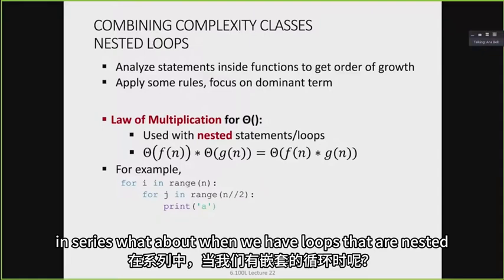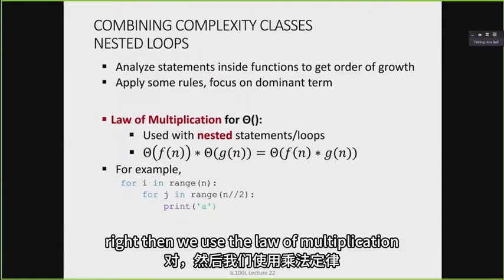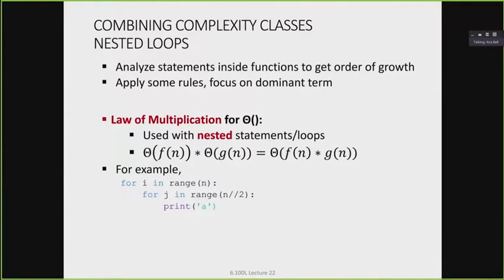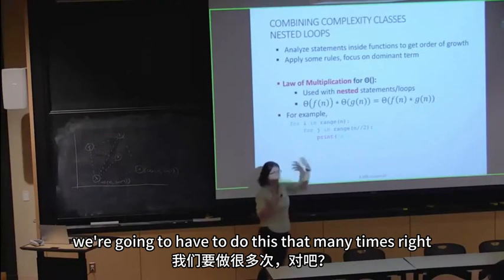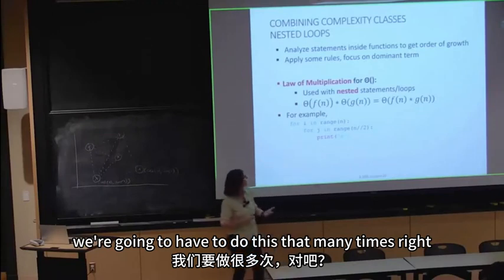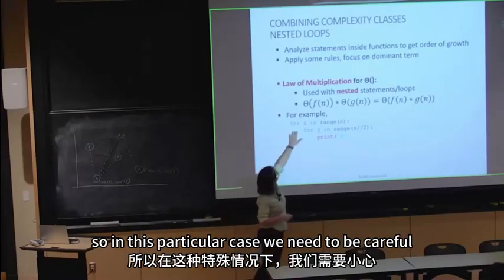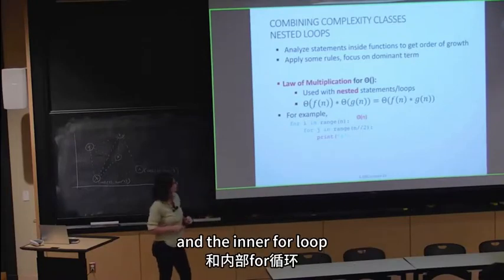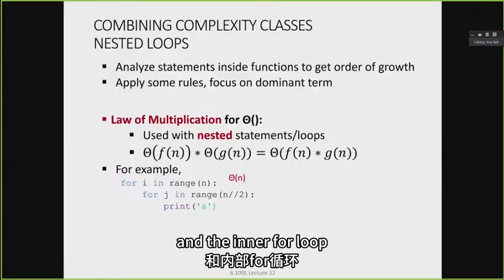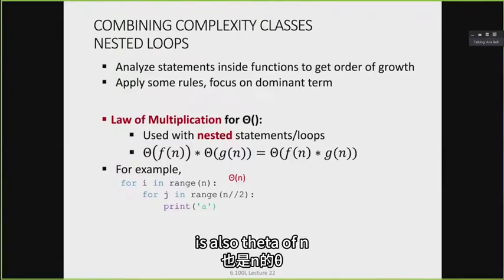What about when we have loops that are nested, right? Then we use the law of multiplication, because for each one of these things, we're going to have to do this that many times, right? So in this particular case, we need to be careful. The outer for loop is going to be theta of n, and the inner for loop is also theta of n.